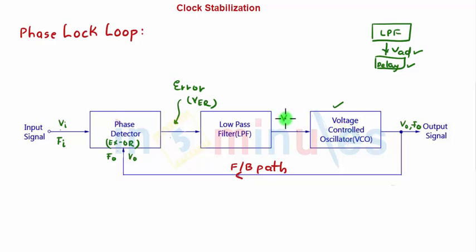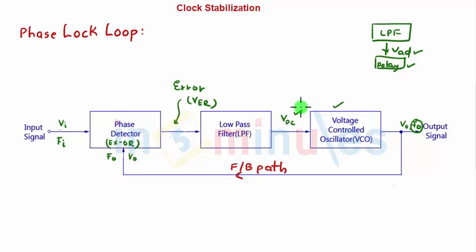This is some DC value which is going to a voltage controlled oscillator, and the output frequency of the oscillator, FO, is going to be directly proportional to the voltage which is applied to it. So here both the input and the output frequency are compared and adjusted through feedback loops until the output frequency equals the input frequency.